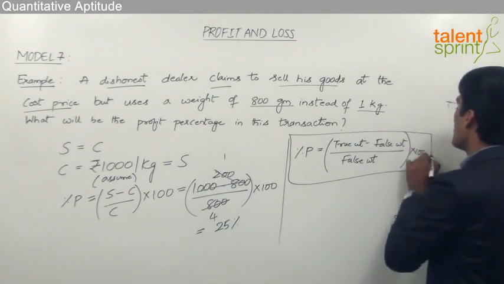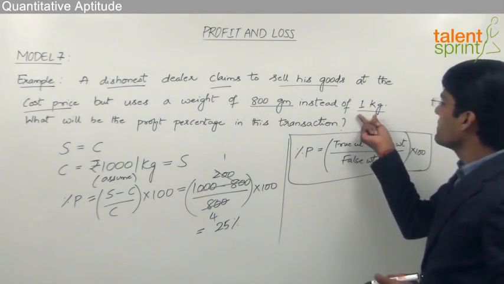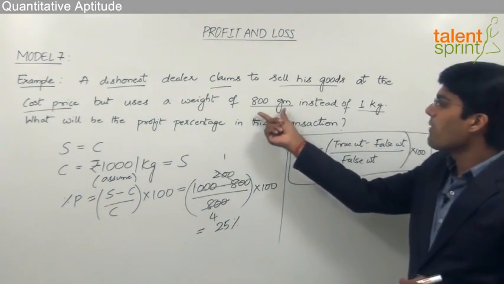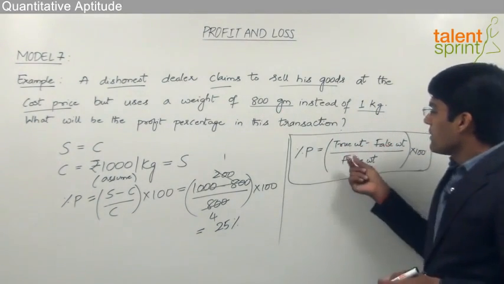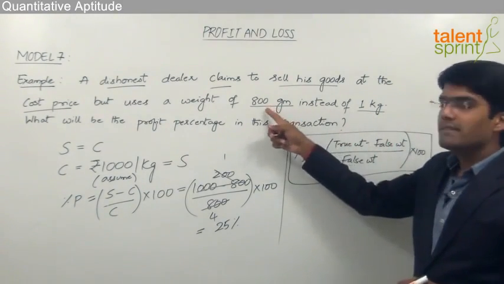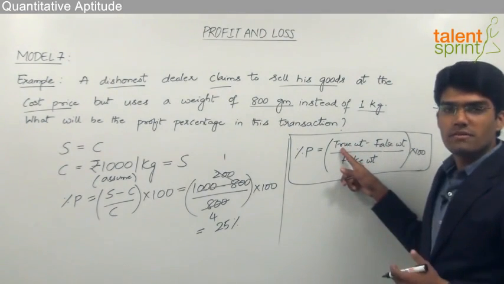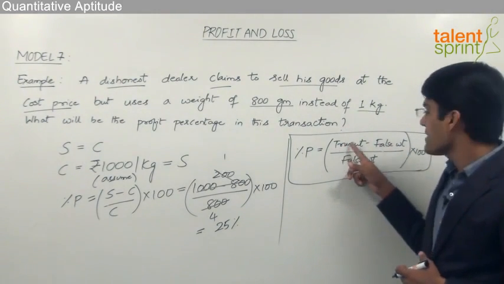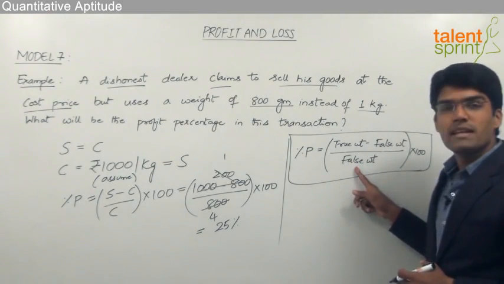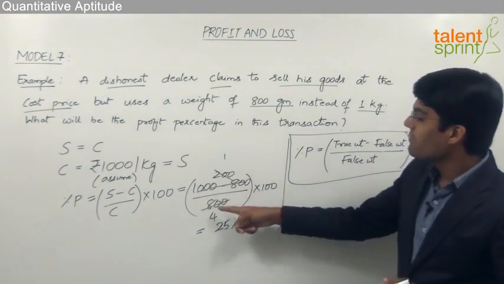The true weight here is nothing but 1 kg, but he is using a false weight of 800 grams. So true weight should be taken as 1 kg, that is 1000 grams in terms of grams, and the false weight is 800 grams. So it is equal to (1000 grams minus 800 grams) by 800 grams into 100, which is the same as (1000 minus 800) by 800 into 100.